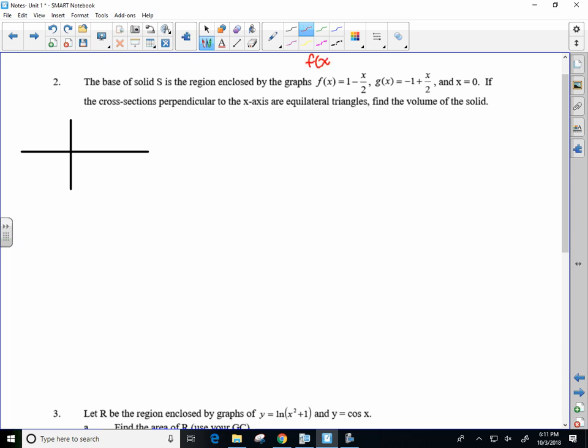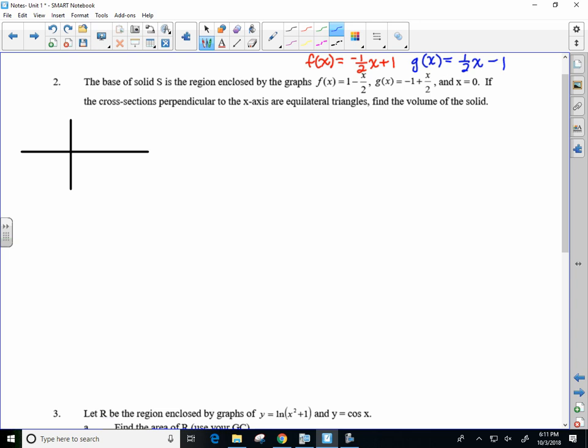It looks like it should be harder than it is, but this is really the same as negative 1/2 x plus 1. And the other one, g of x, is really the same as positive 1/2 x minus 1.